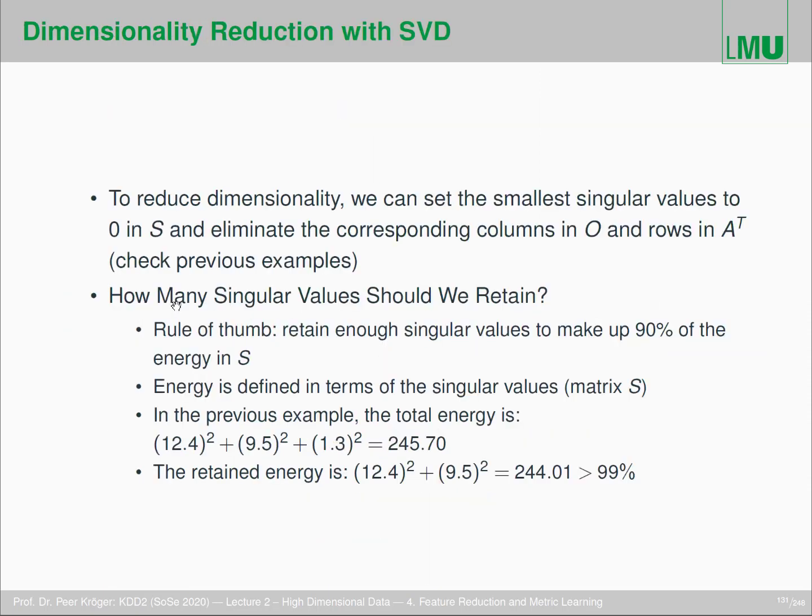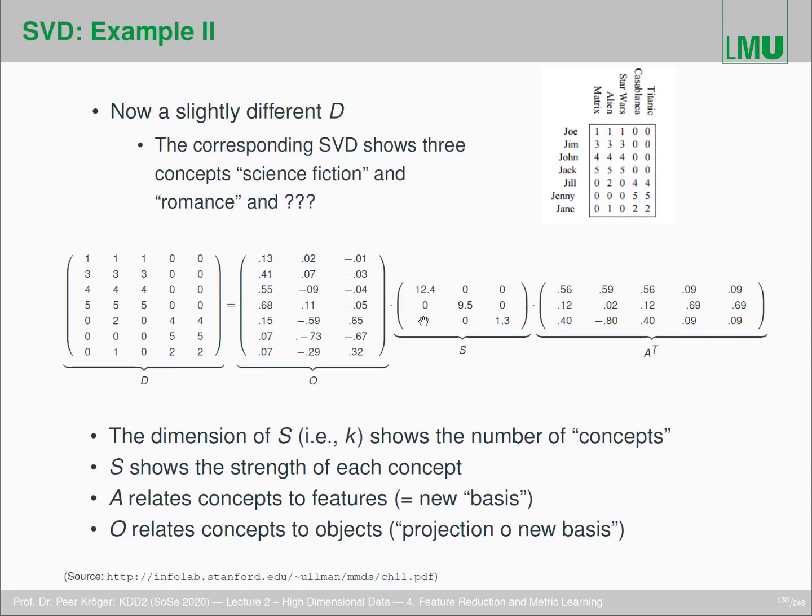Yeah? So when is that sensible? How many singular values should we retain? Is there a rule of thumb? Of course, yes. We try to retain enough singular values to make up 90% of the total energy in S. What is the total energy in S?